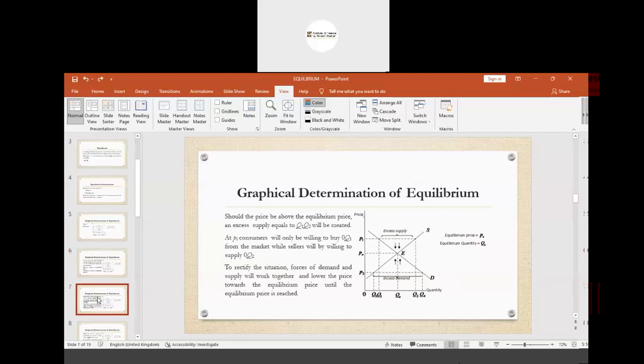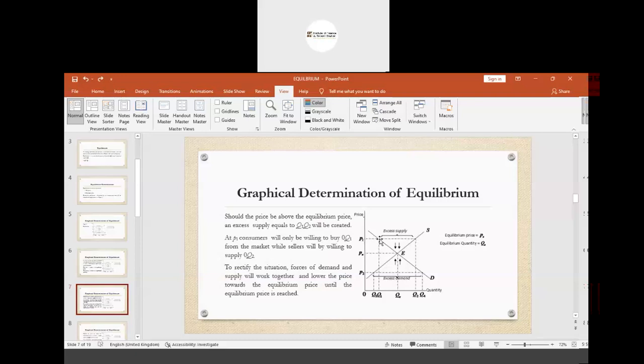Should the price move away from the equilibrium position, for instance, if price went up to P1, we'll end up with a disequilibrium. At higher prices, more will be supplied, but less will be demanded.